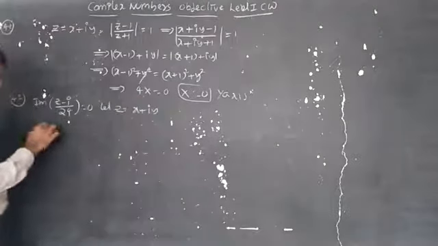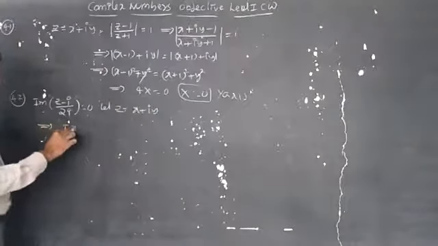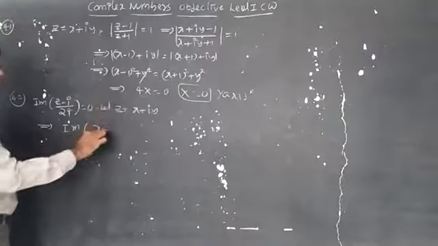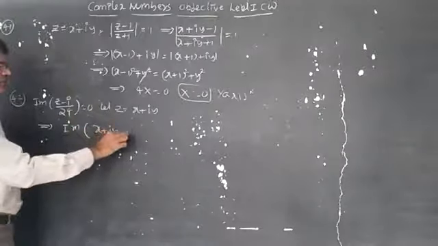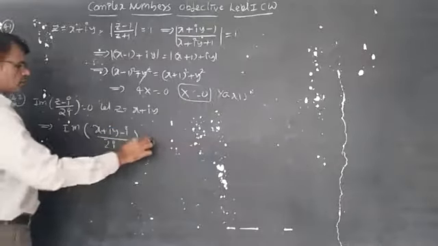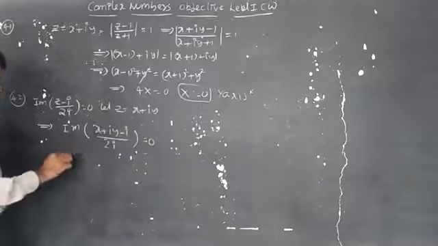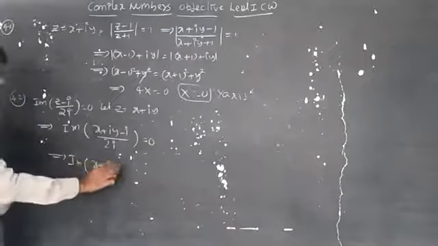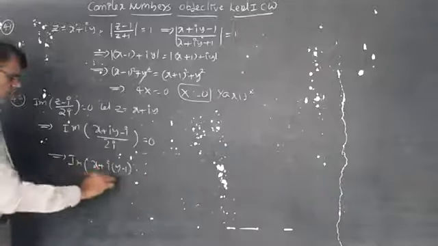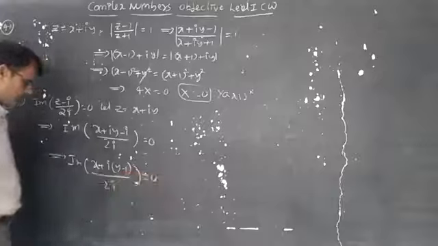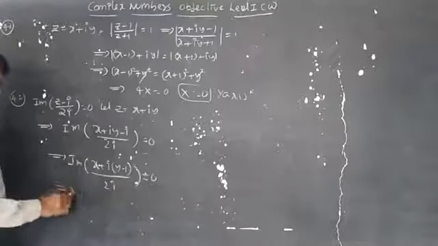That implies imaginary part of x plus iy minus i by 2i is equal to 0. That implies imaginary part of x plus i taken common within the brackets, y minus 1 by 2i, is equal to 0.